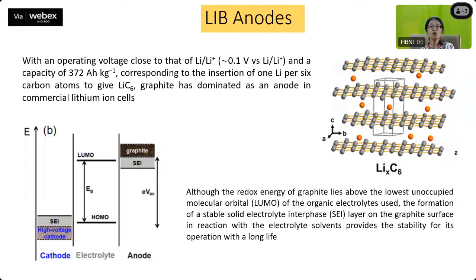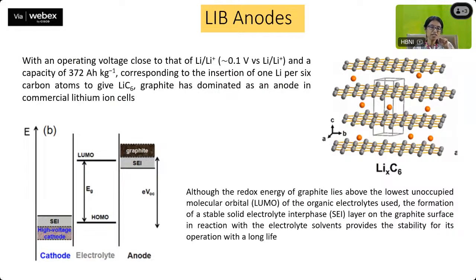And this leads to the formation of a stable solid electrolyte interface layer on the graphite surface in reaction with the electrolyte solvents. But this provides the stability for its operation for a very long time. But of course, the drawback is that you definitely lose some amount of the lithium whenever you're using lithium cobalt oxide or any other cathode material for the LIB.